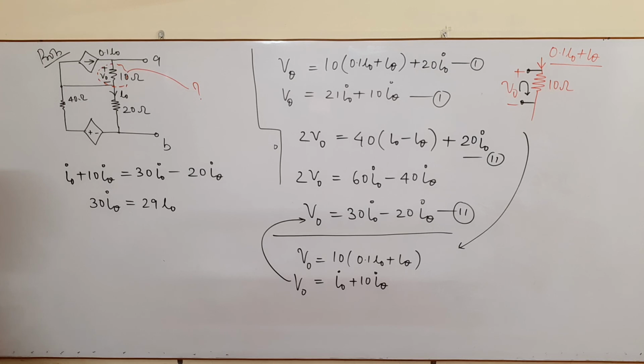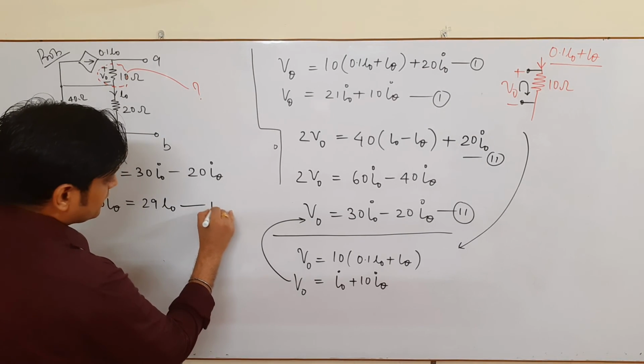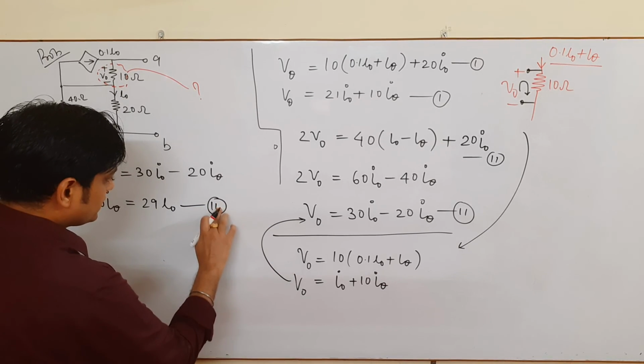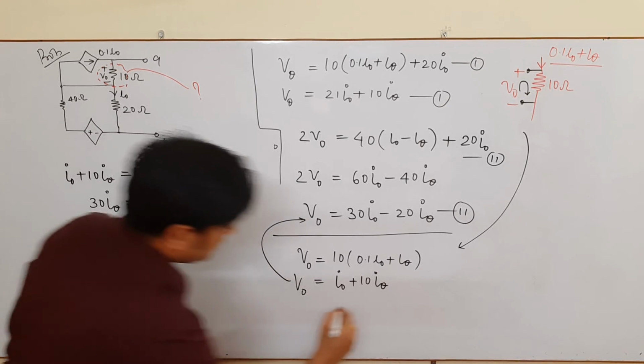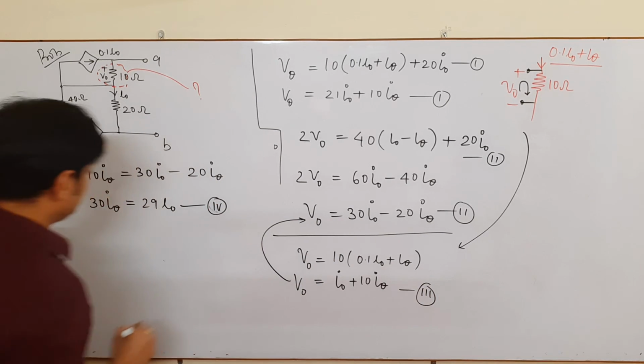Okay, very simple. This is our equation. We have just put, so this is our equation 1, 2. This was our third equation, and you can say this is our fourth.